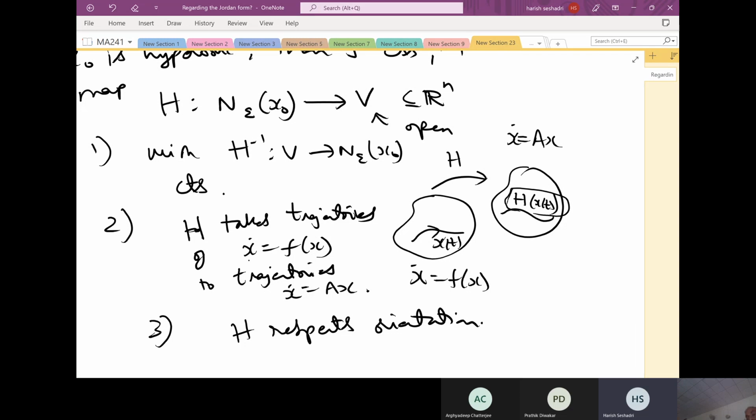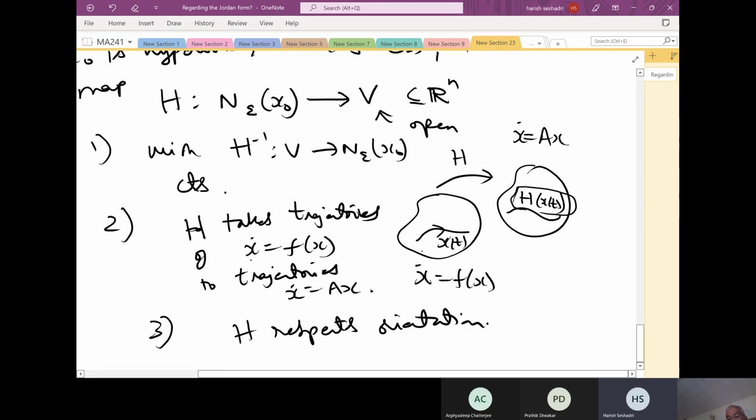So from a picture point of view, H is good enough. Whatever picture that you get in this linearized thing is going to completely convey what is going to happen here. You can move back and forth between these two by H and H inverse. But as I said, you may not get literal solutions when going from here to here.